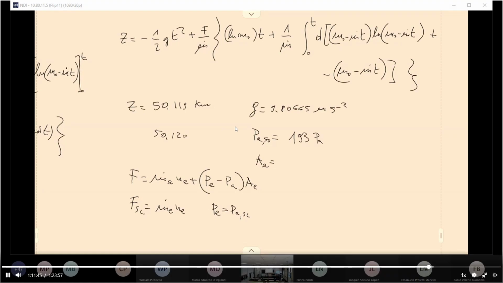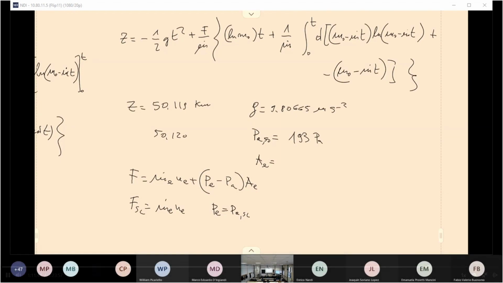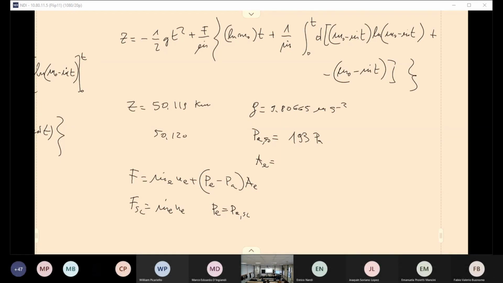And then we can easily obtain from here.